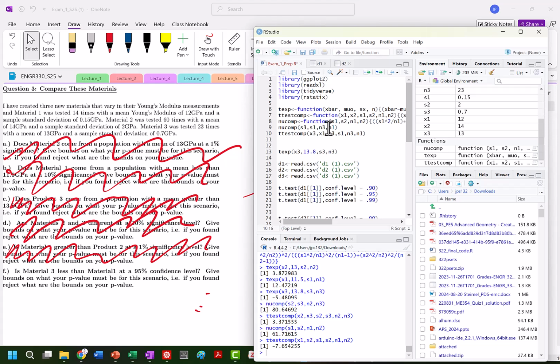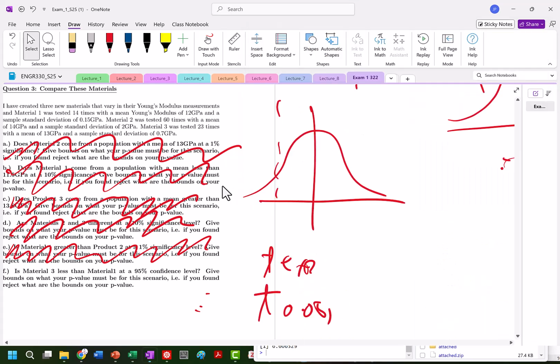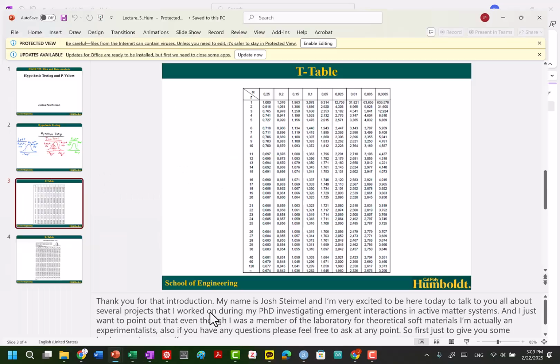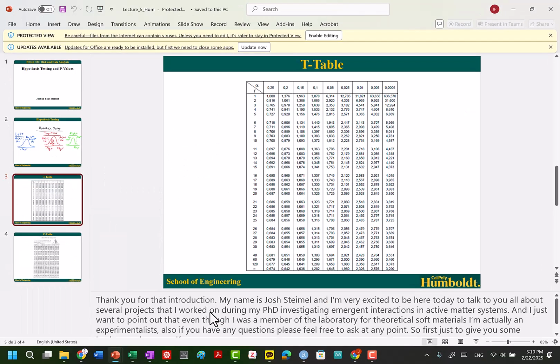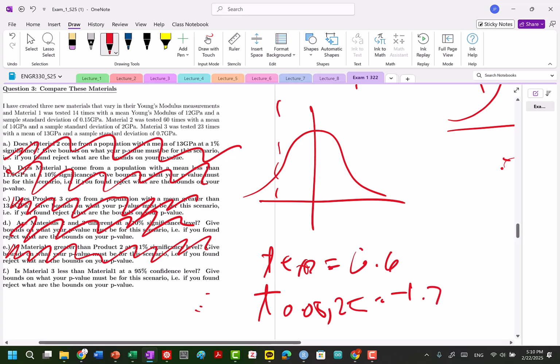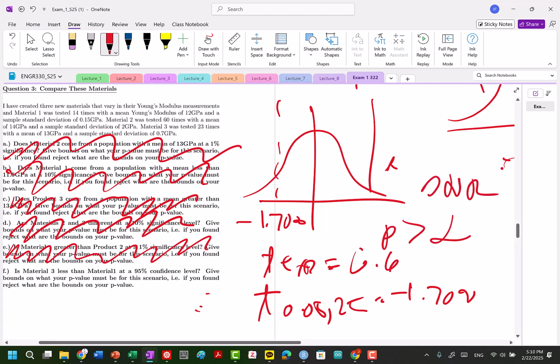Order matters, make sure. 25 this time, and 6.6. 25, so that's going to be 0.05, 25, minus 1.708. Over here, that's our T experimental, so we are in a do not reject, and P is greater than alpha.